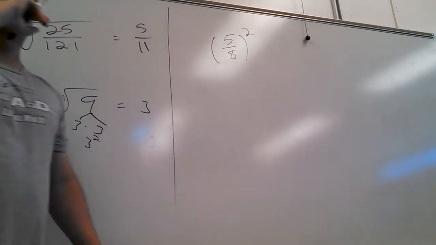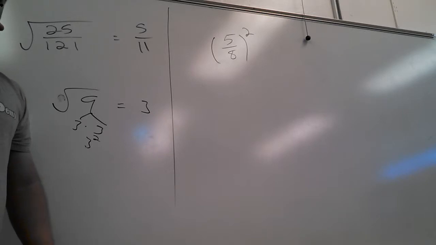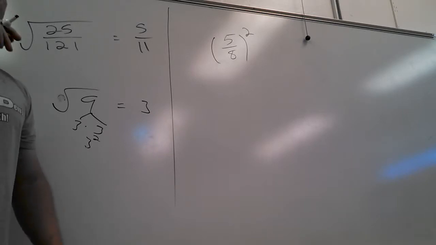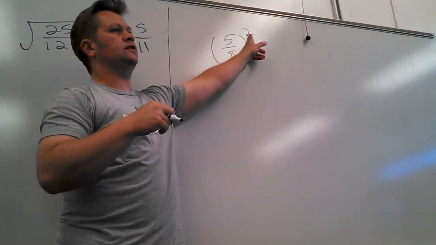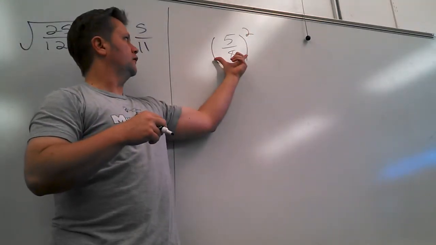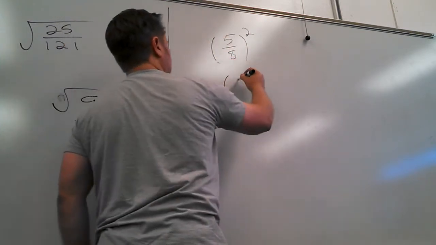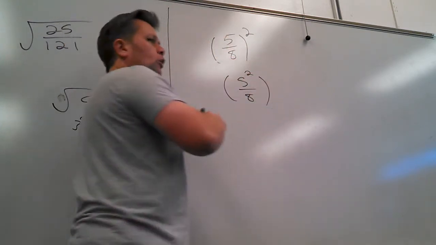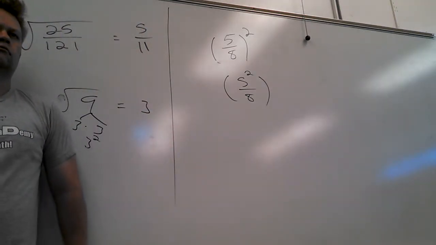My question is, if I wrote the 5 inside the parentheses, or the 2 inside of the parentheses, that doesn't mean the same thing? Definitely not. Because right here, what's the square sitting on? The whole thing, the 5/8, because that parenthesis kind of groups it. If I wrote it like this, what's the square sitting on? The 5 only. Good.